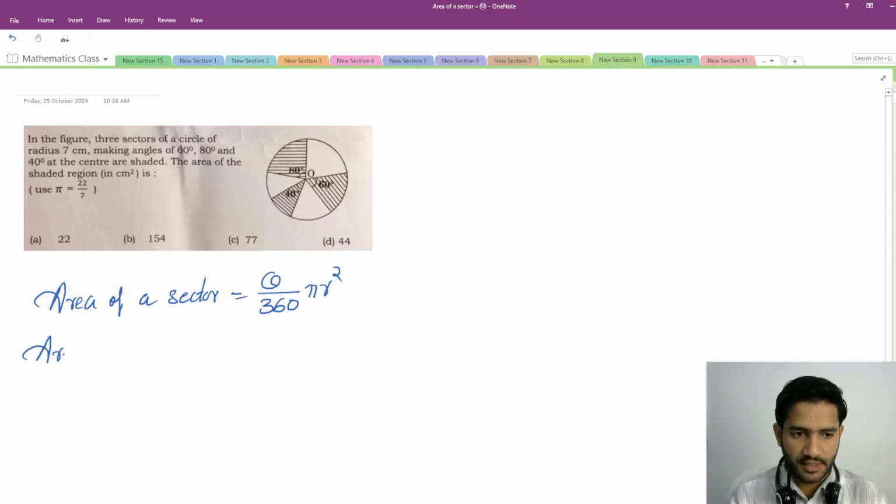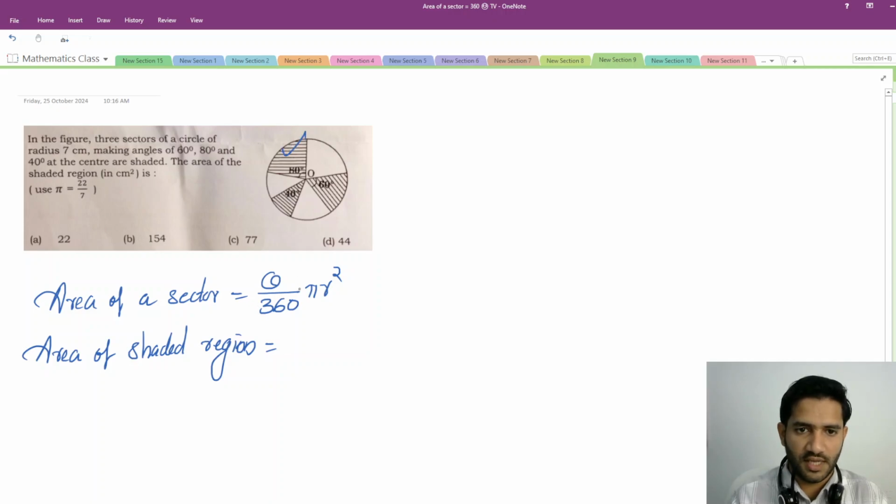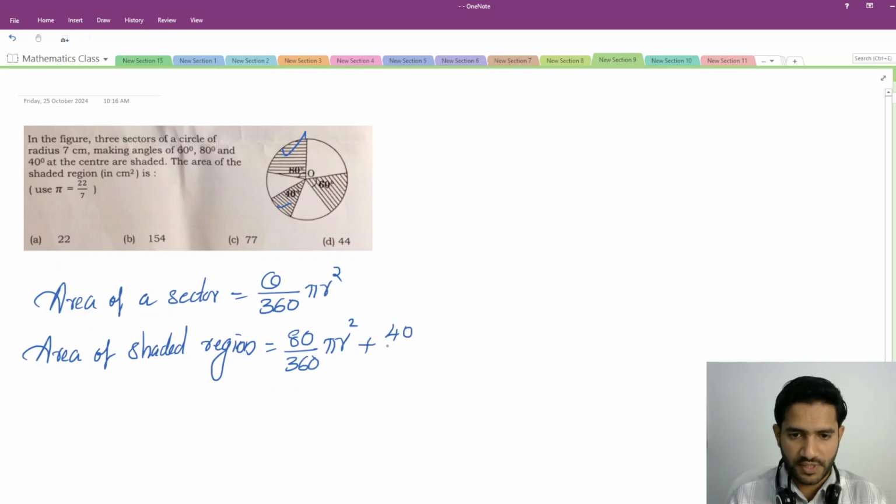So we are adding these areas. Area of shaded region equals theta. For the first one it is 80, so 80 by 360 pi r square, plus the second one 40, so 40 by 360 pi r square.